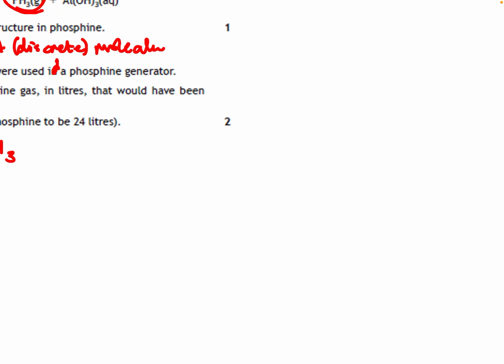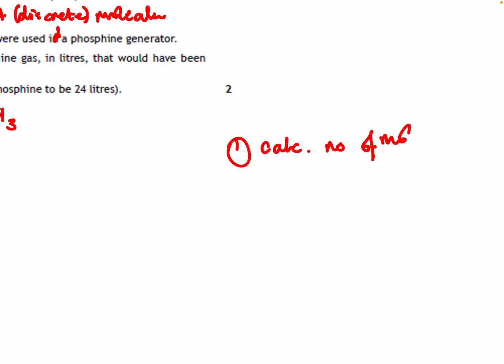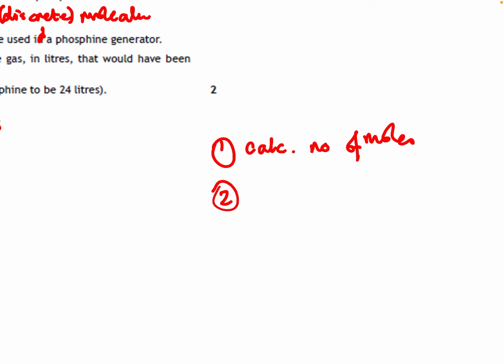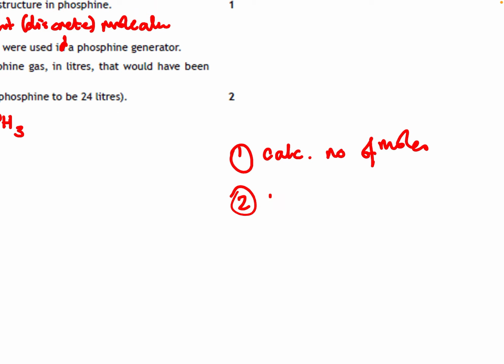So again, there's going to be 3 steps here. One is to calculate number of moles. Second is to use the mole ratio. And 3, we're going to calculate the volume.